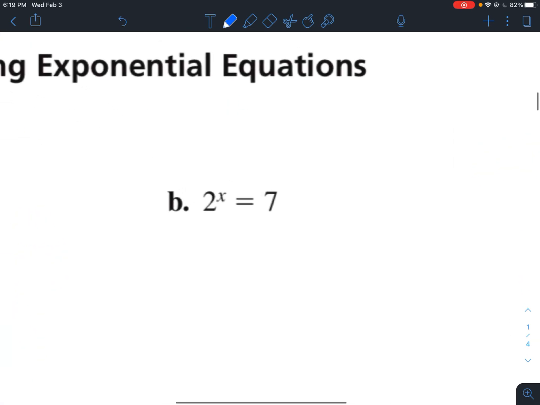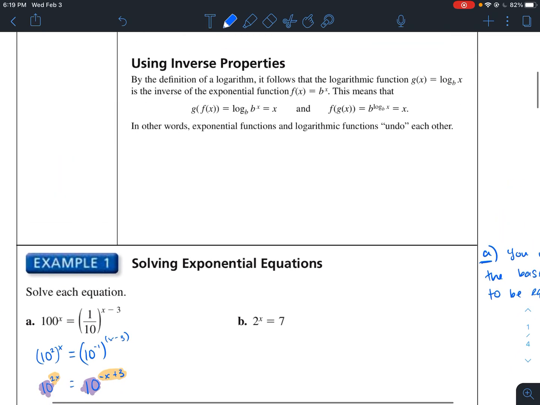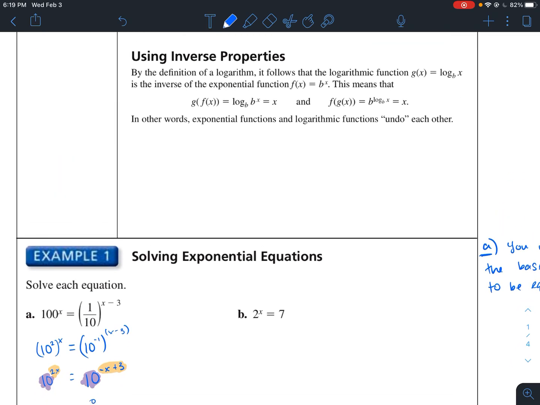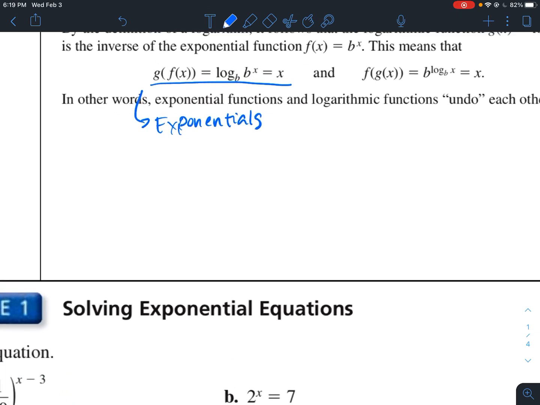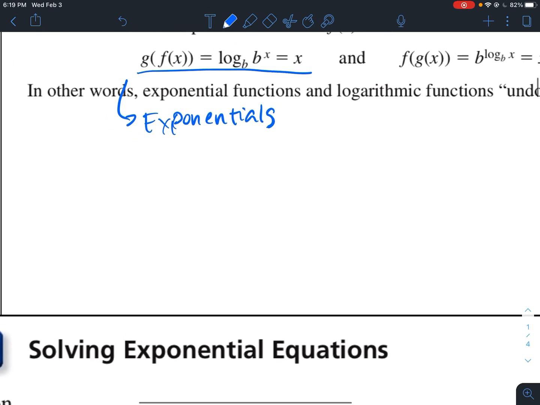To do that, I need to use what are called the inverse properties. This one on the left side is for exponentials, and on the right side it's for logarithmic, and we'll get to that, but let's first talk about the exponentials. This says log base b of b to the x power.